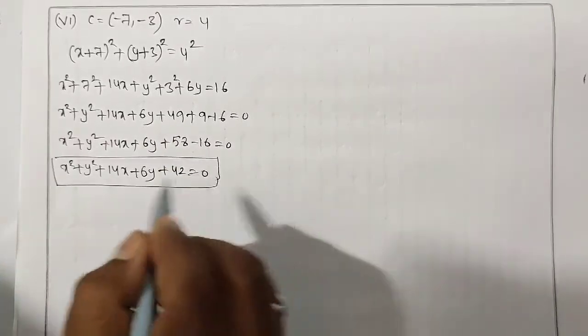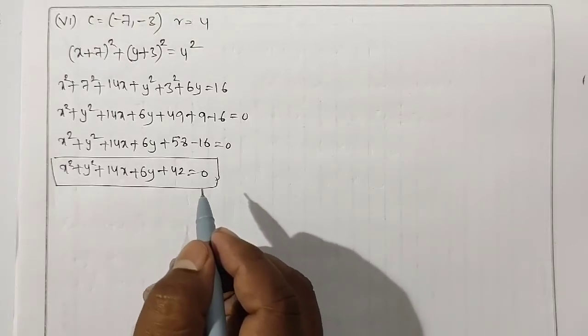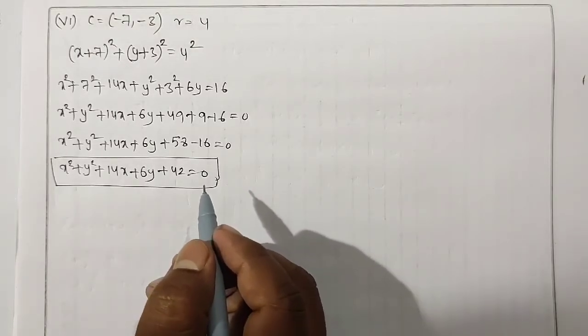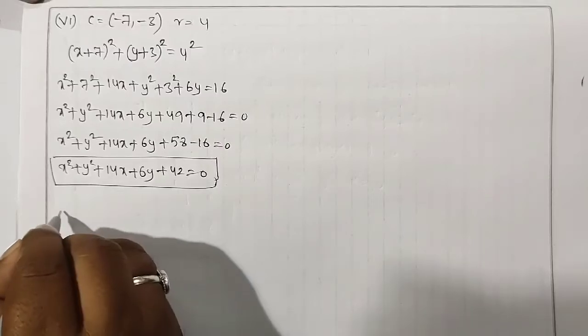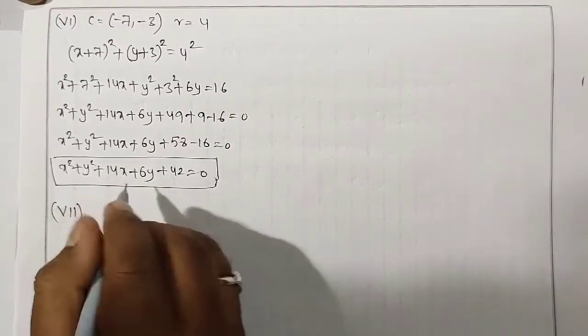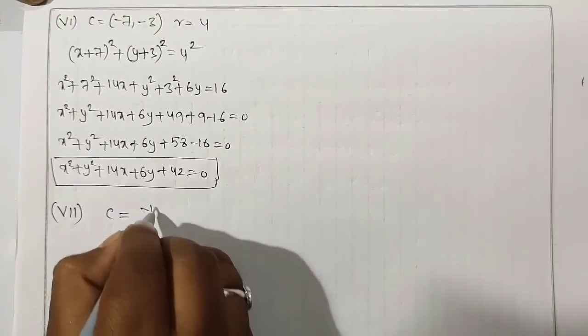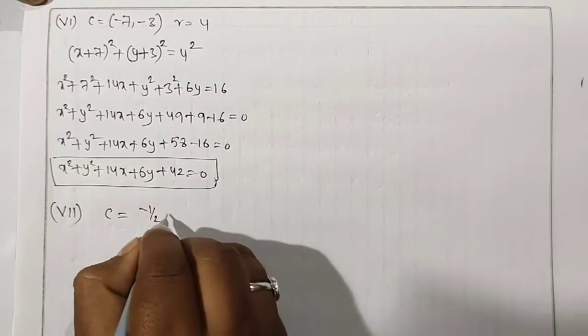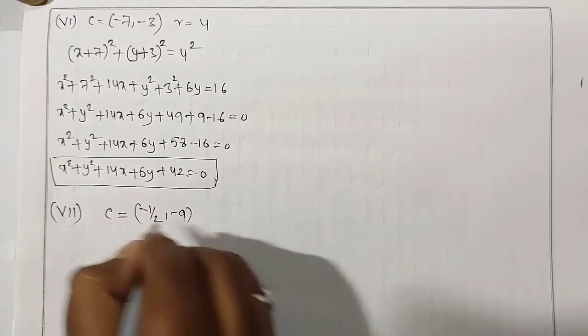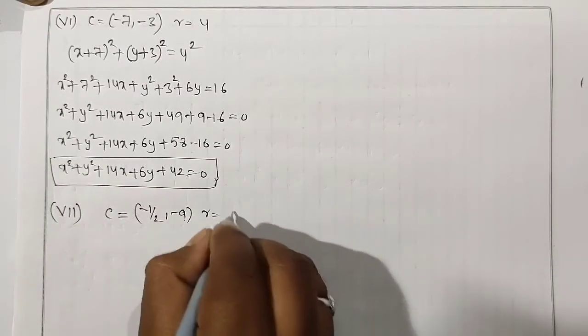And the next one is question number 7. Question number 7 is also an important question for the IB exam. Given here, the centre c is equal to (minus 1 by 2, minus 9), and r is equal to 5.